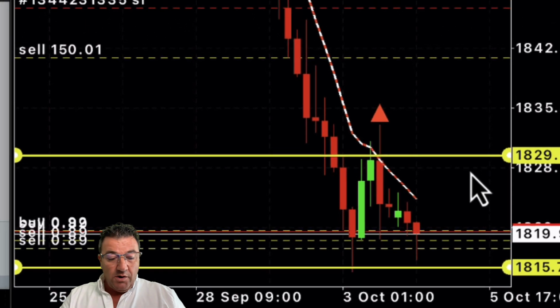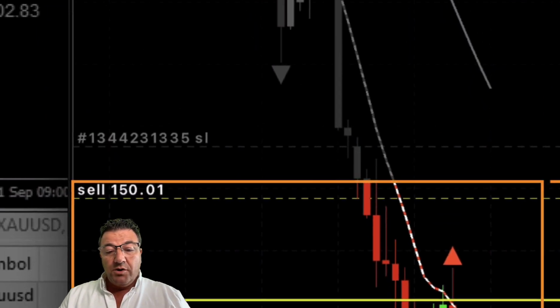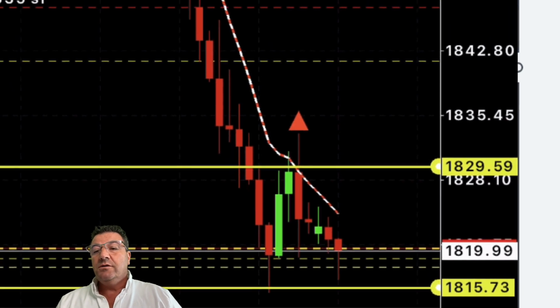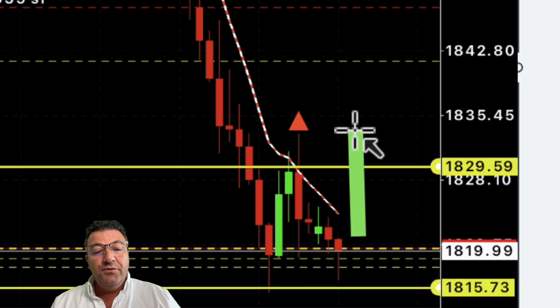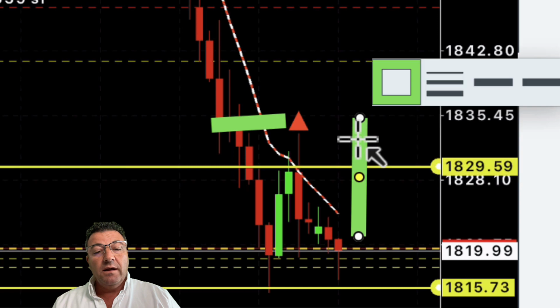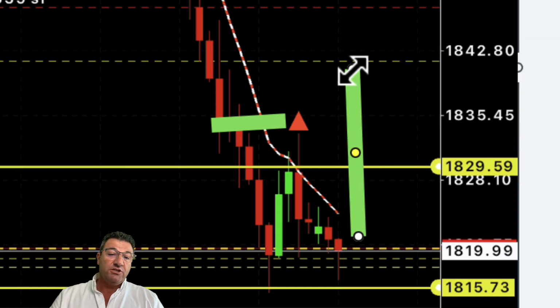So the price has got to cruise. The price has got to cruise, green candle, all the way through this point here. And it's got to break structure.